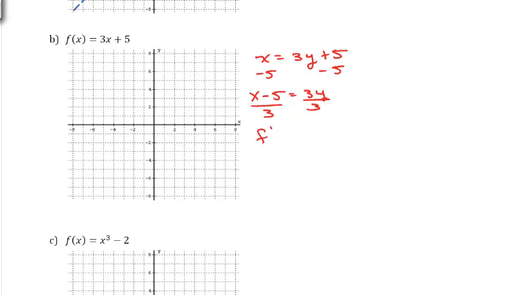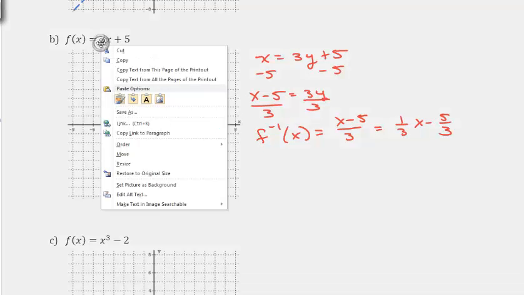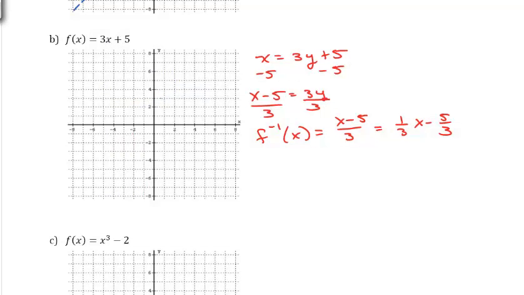So our inverse function is x minus 5 over 3, which is the same as 1/3 x minus 5/3. So we want to graph both of these on the same set of axes. So this is a line. It has a slope of 3 and a y-intercept of 5.